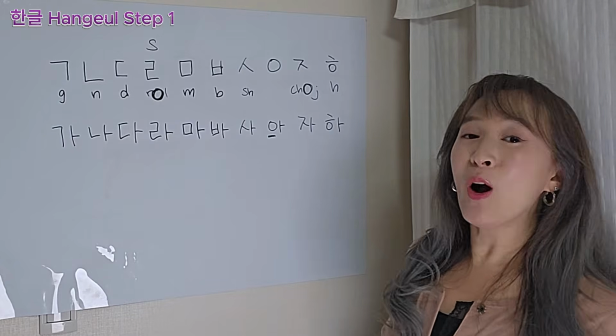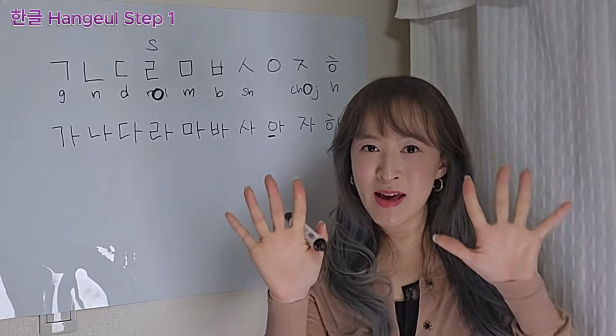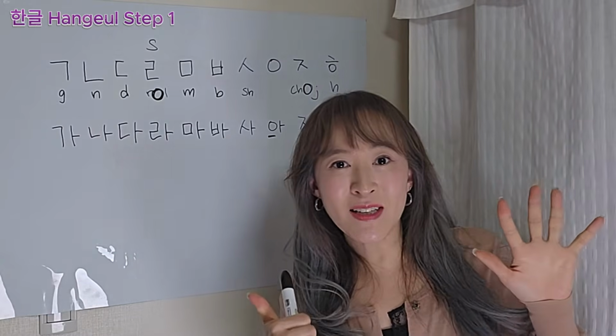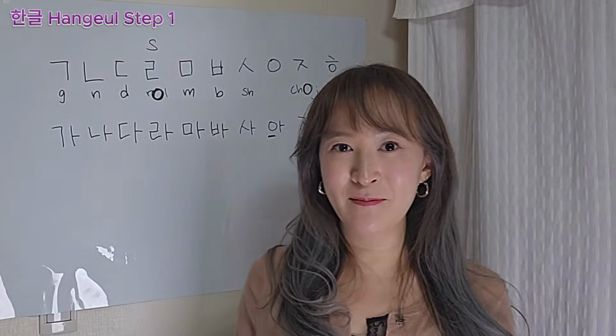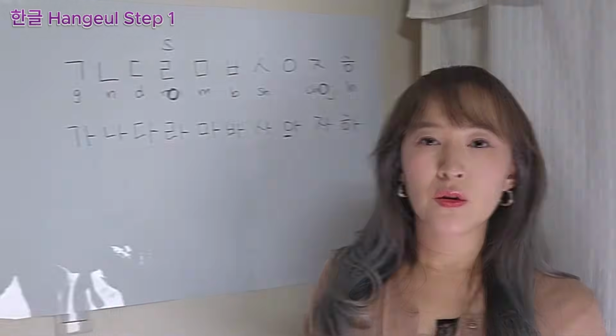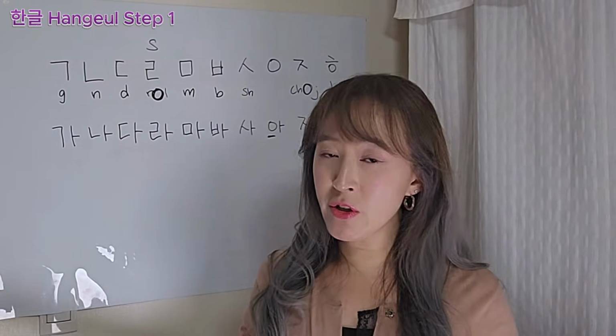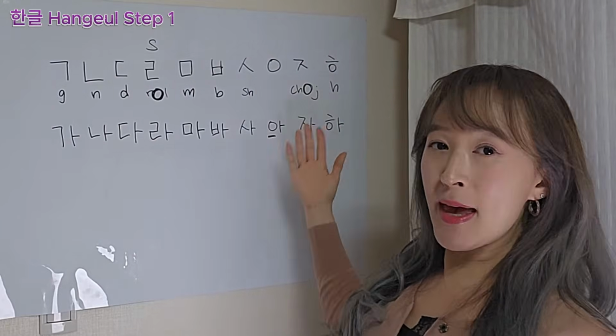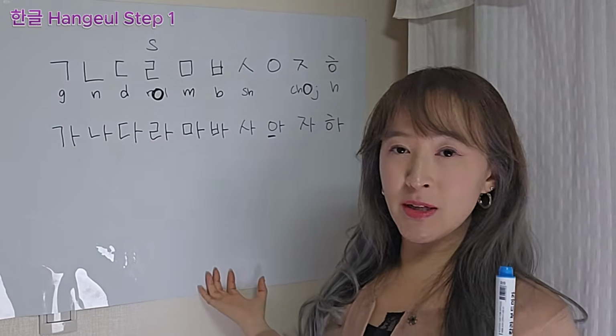So now we mastered 10 consonants too. So today we already learned the 6 vowels and 10 consonants. Very good. And of course, we can combine these consonants with any of the vowels we learned today.